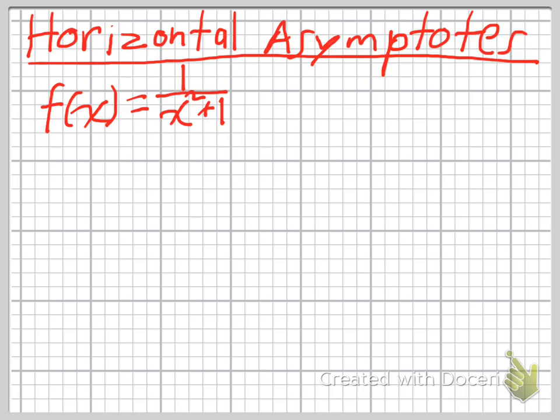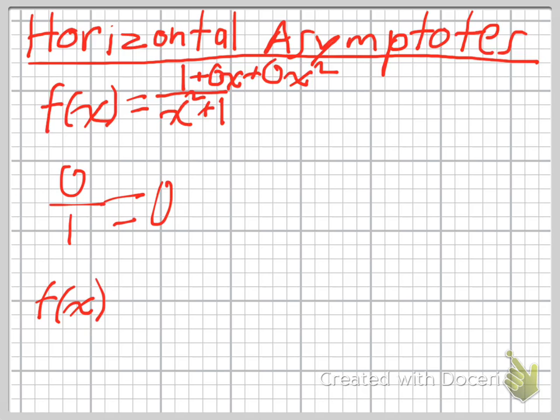Well, you have to remember that saying 1 is also like saying 1 plus 0 times x plus 0 times x squared, and so on and so forth. But all we care about is the value of the squared terms, because we can compare those. So if we take those, 0 divided by 1 equals 0, and that's our horizontal asymptote. F of x, or whatever your output name for your function is, equals 0.